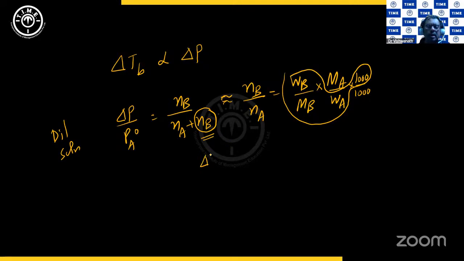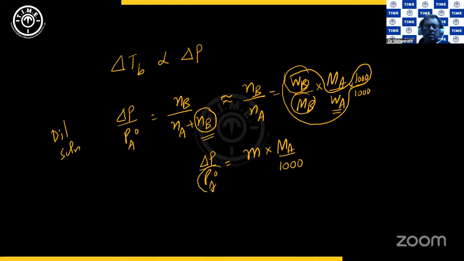So delta P by PA naught is equal to molality, which is the weight of the solute by the molecular weight of the solute into 1000 by the weight of the solvent. That is molality, into MA divided by 1000.